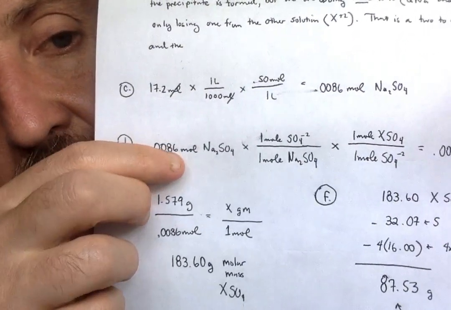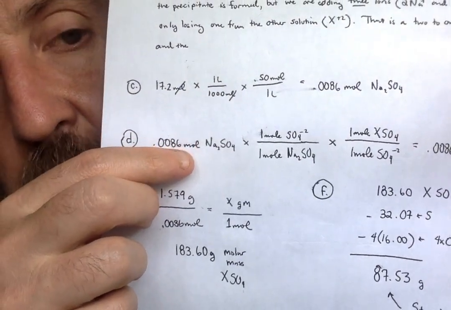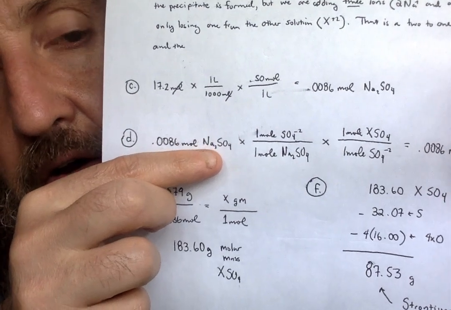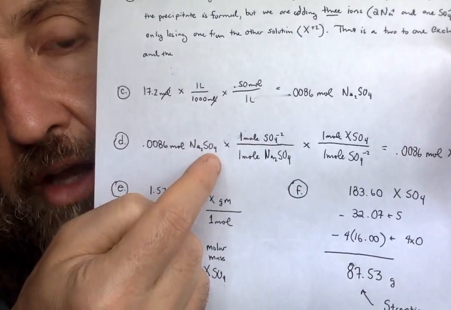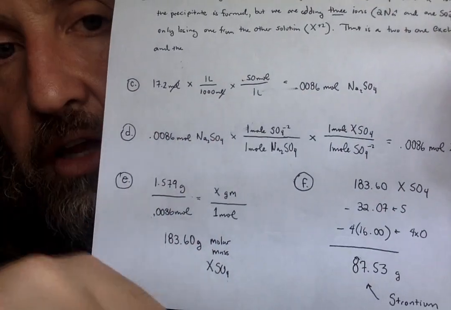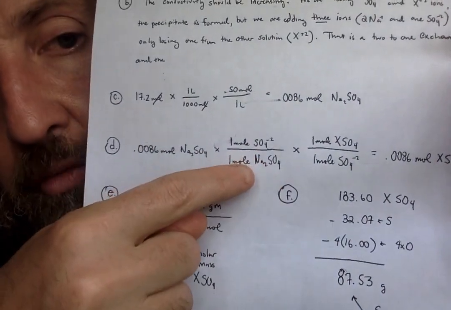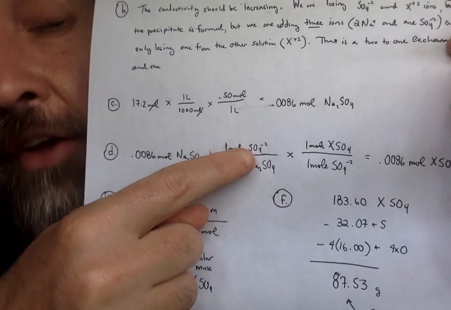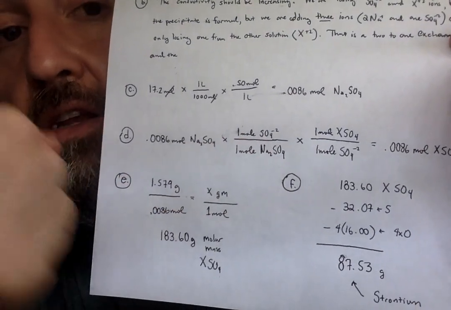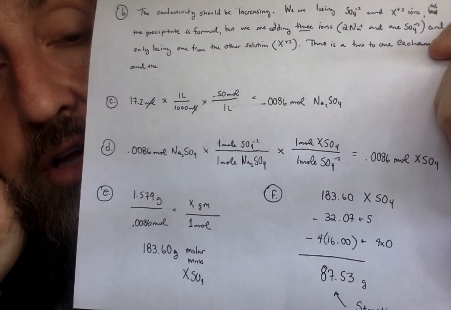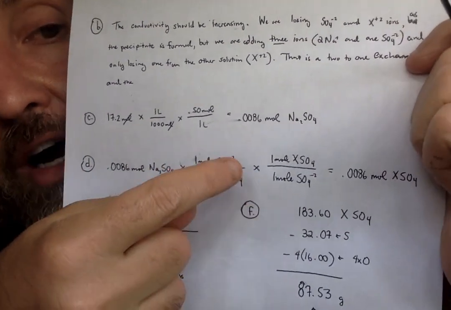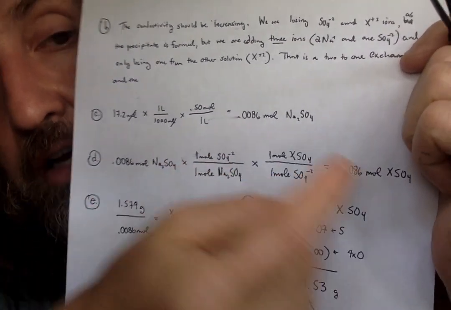And so what I did here is that's how many moles of the sodium sulfate, and then there's 1 mole of sulfate, SO4, just take it all together, it's a polyatomic ion, in 1 mole of sodium sulfate. So now I have isolated that sulfate ion, and you're going to see that that's really important as you go through a lot of these problems, that you isolate that sulfate ion.